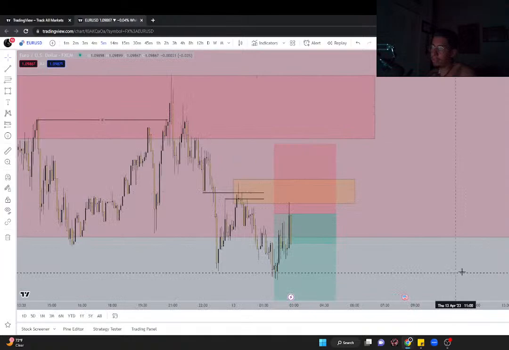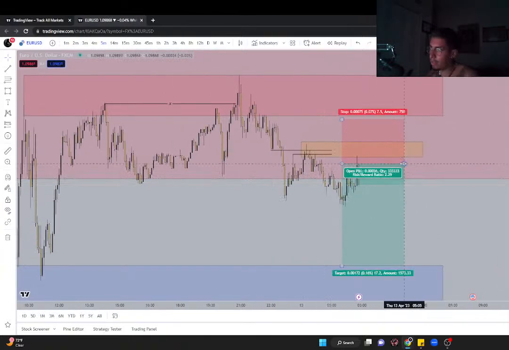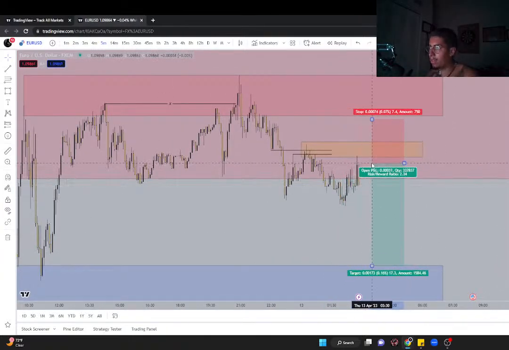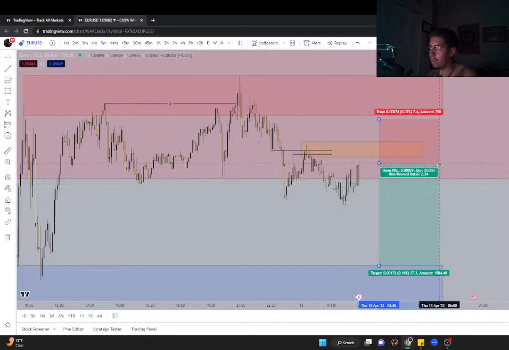EU, yeah, for sure. I mean, we had that supply zone that we discussed a little bit earlier. Let's move this to the side here, so it doesn't bother price action.